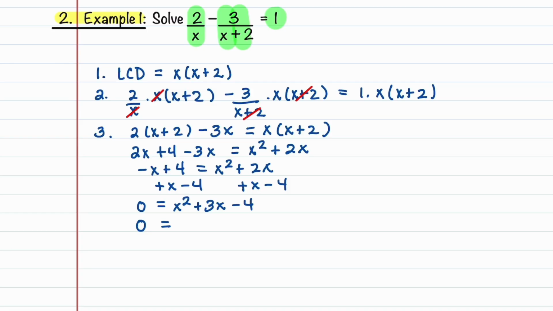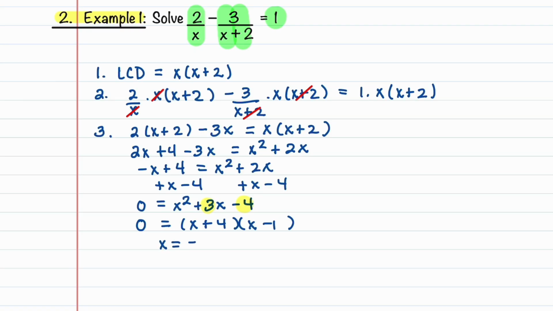We need to find two numbers that multiply to get negative 4 and add to get 3. So we can factor this as x plus 4 and x minus 1. And when we solve each of those equations, we get x is equal to minus 4 and x is equal to 1. Now let's go back up and look at our fourth step.